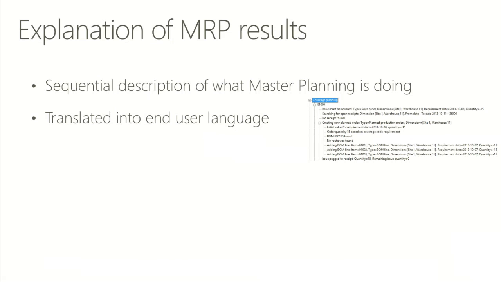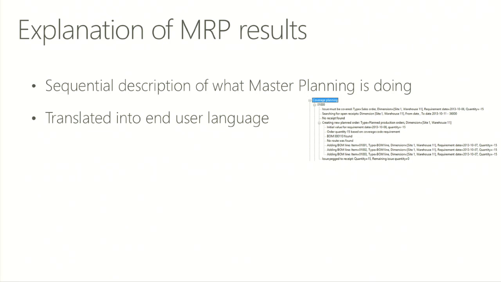This can either be viewed directly in the client if you use Explosion, or you can switch it on for the entire master schedule. But if you do it for the entire master schedule, you will have a lot of data. So it's very good for analyzing stuff, but if you want to see just one order, it's very easy to do it with the Explosion, and you'll see it right away in the client.